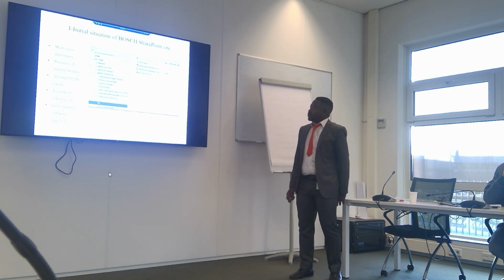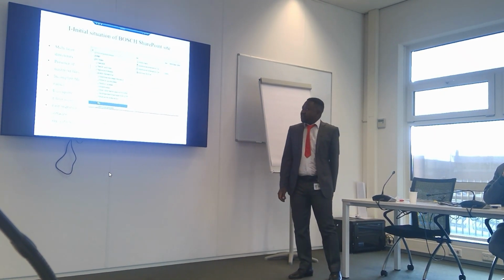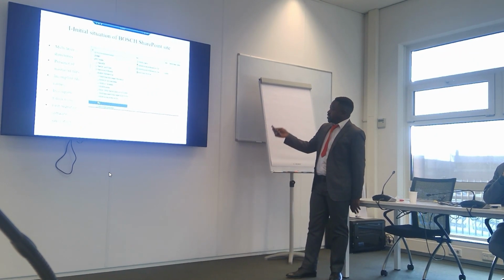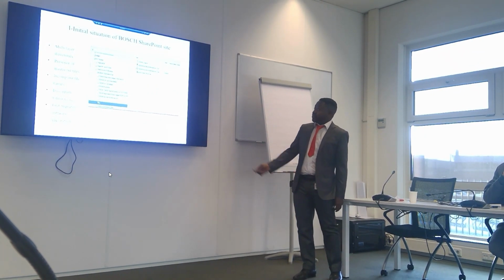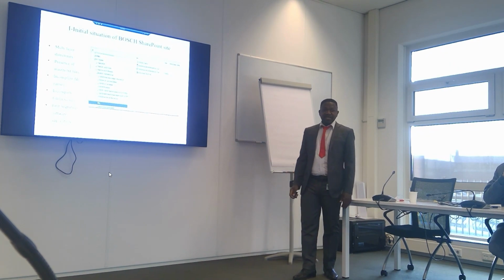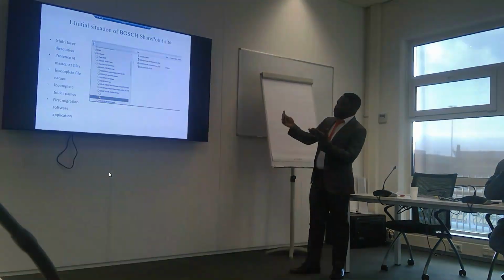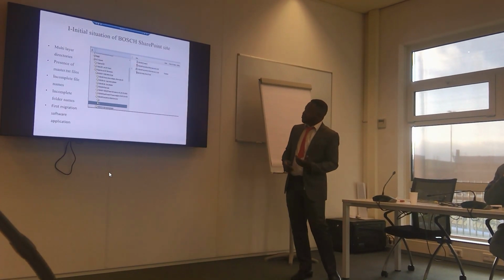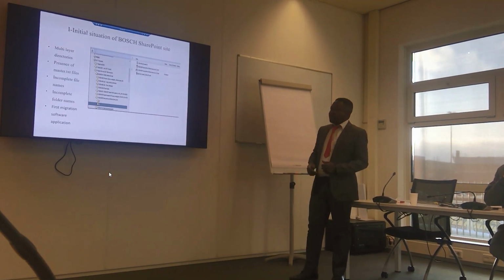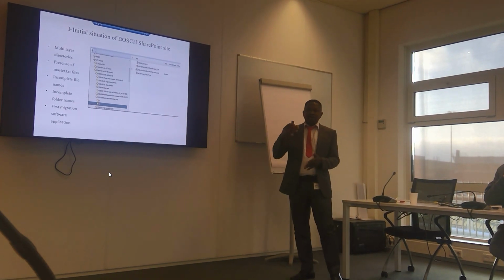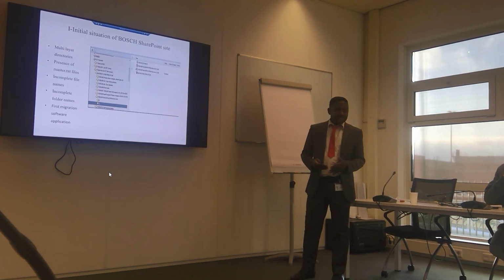Okay, so looking at the first point, which is the initial situation of the Bosch SharePoint. The Bosch SharePoint actually has the following kind of picture which we can see there. We can identify a lot of folders, what we call multi-layer directories, in a situation where we have folders inside other folders.